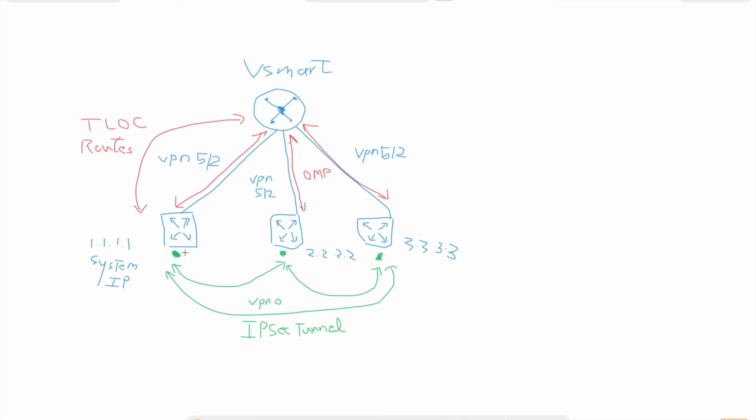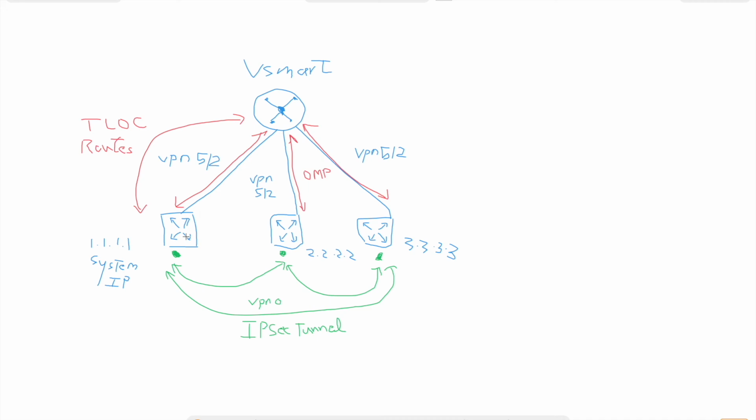So each vEdge router will have its system IP and the color to represent its TLOC, and it will start to establish the OMP protocol with its vSmart controller over VPN 512, the management interface.